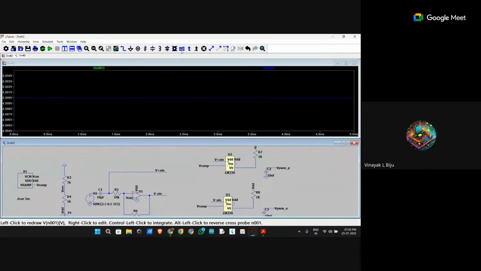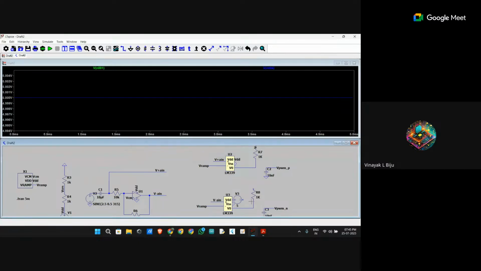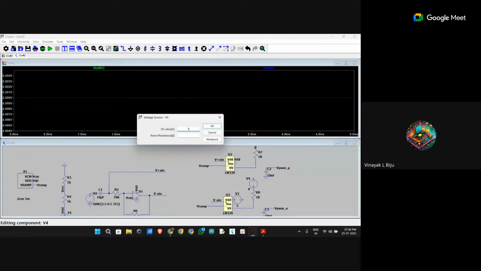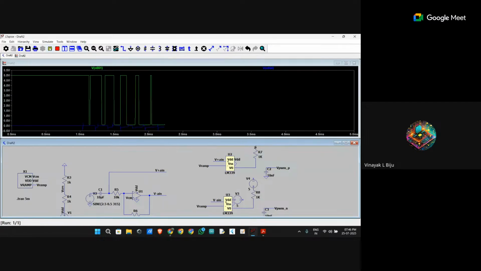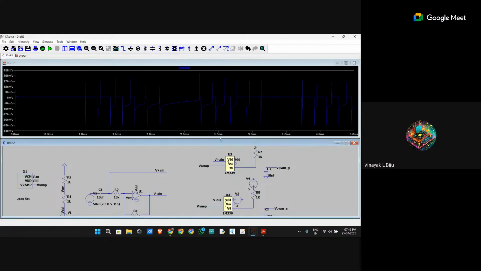I have tried that also. That also doesn't work, huh? Oh, sorry, I have to connect to the ground.